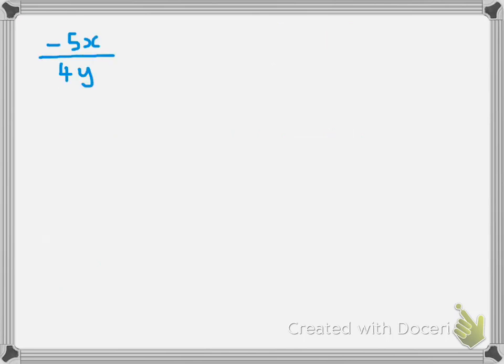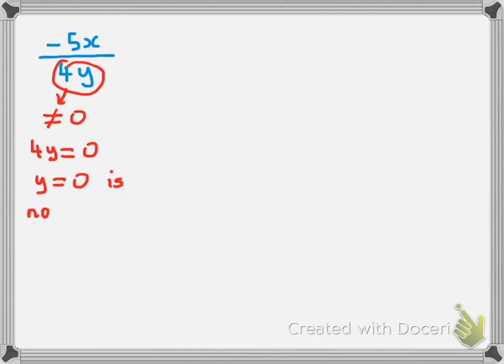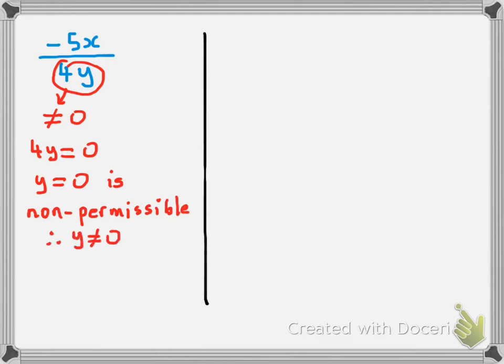So now, let's apply this to rational expressions. -5x divided by 4y. Well, the non-permissible value here is 0, because since your 4y cannot be 0, if you solve that equation, you will see that y equals 0. Therefore, y can't be 0 in your denominator.